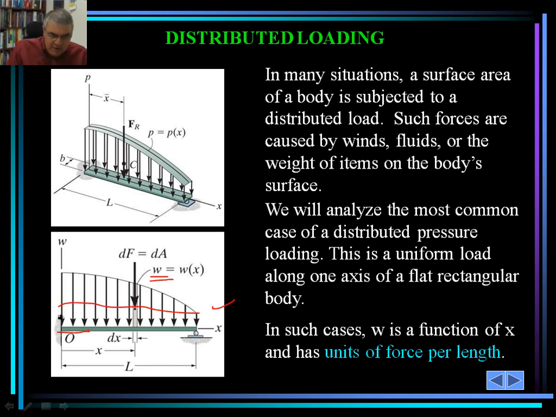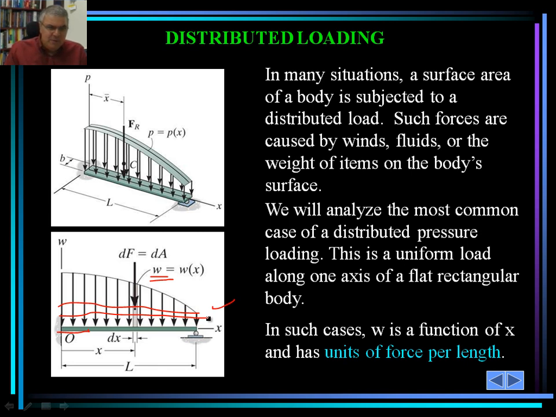If it's in the form of a rectangular distributed load, then we don't need to worry about the variation in x. But this is W expressed as a function of W sub x, and what it really means is that it can vary along the x-axis.